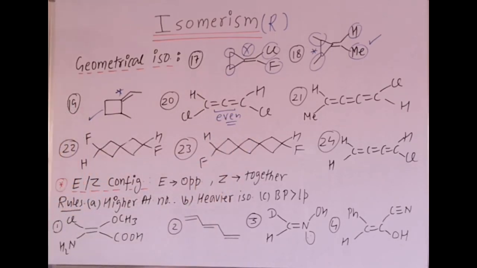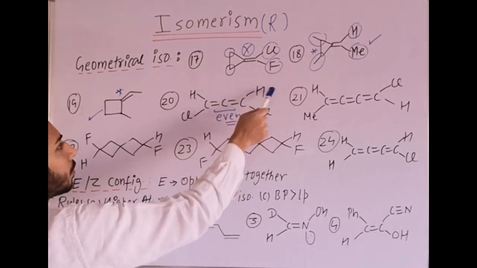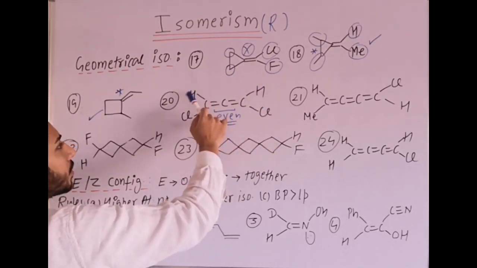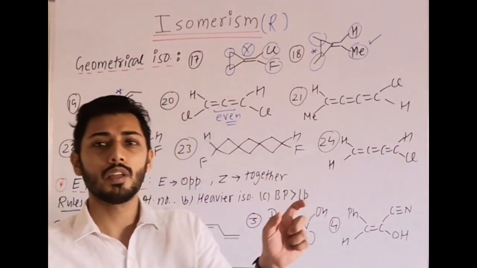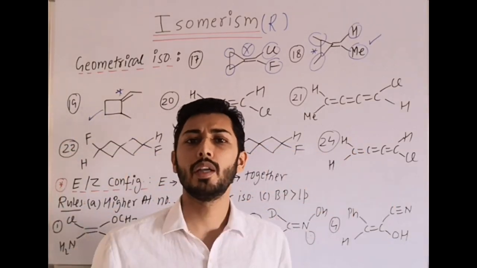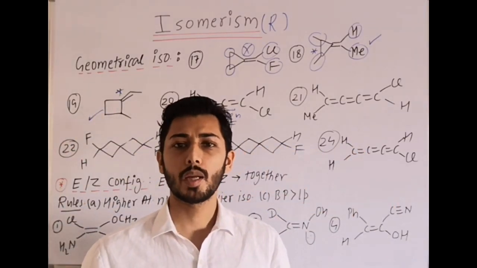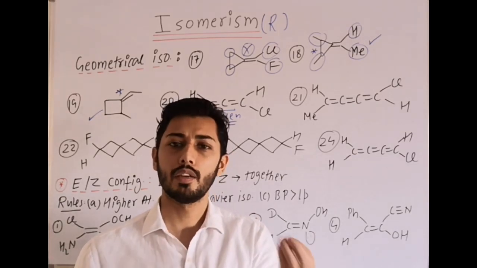and in an even numbered one the terminal carbon groups are H and Cl on the right side, H and Cl on the left side. They are in different planes. The terminal groups H and Cl are not in the same plane, they are perpendicular to each other, and if they are perpendicular, the distance between the groups will never change.